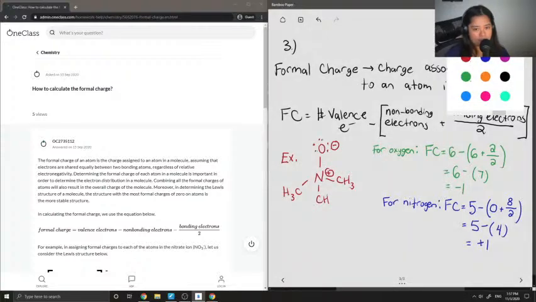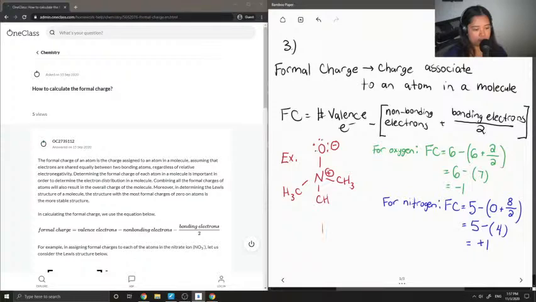And then lastly, let's also look at the formal charge of carbon. The number of valence electrons in a carbon atom is 4. So we can just look at the one carbon atom. You'll see that there are no lone pairs of electrons, so I'm going to write 0.